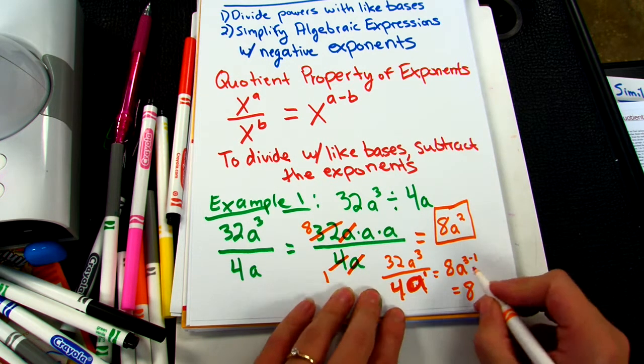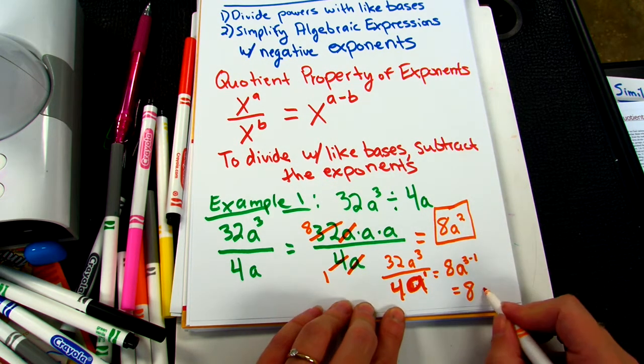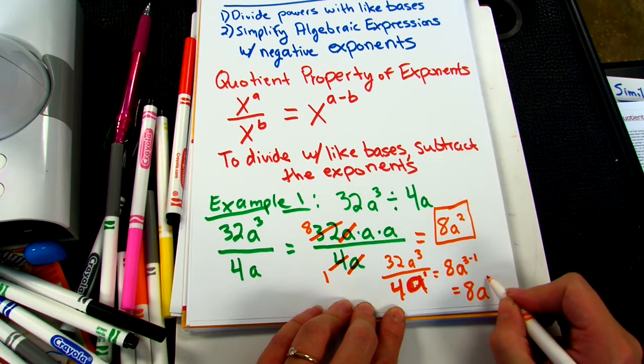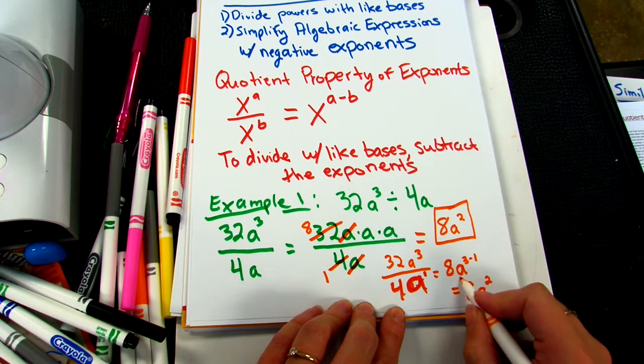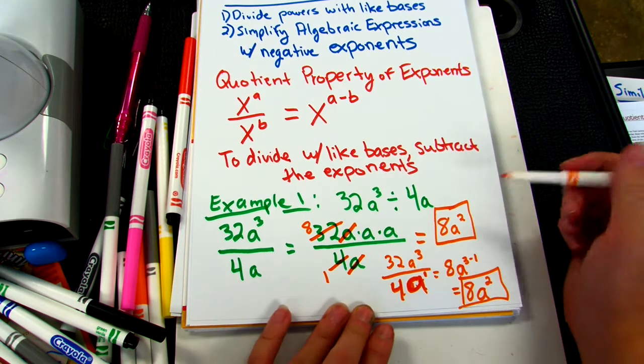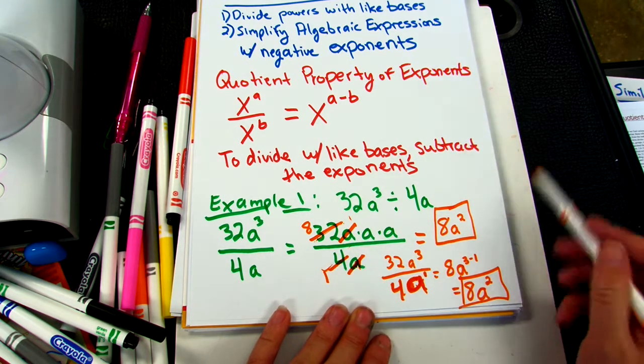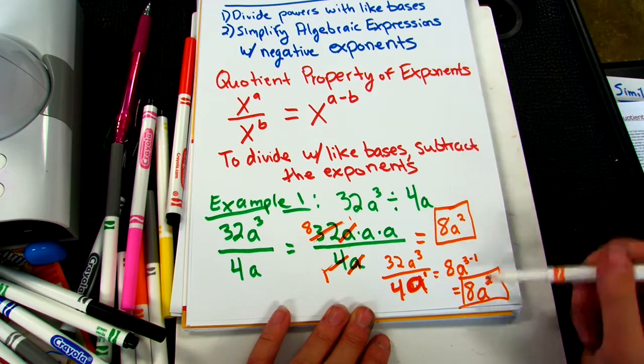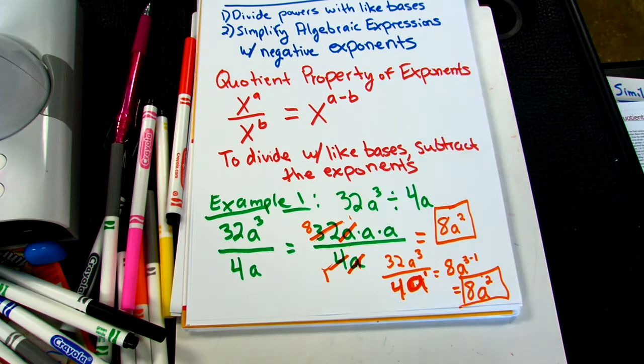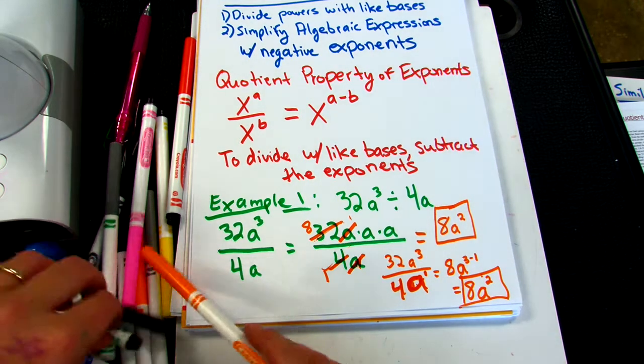So I get 8, and then 3 minus 1 is 2, so 8 times a squared. So we get the same answer whether we go ahead and just simplify by canceling, or if we use our quotient property, we still get the same answer. Let's try another example.